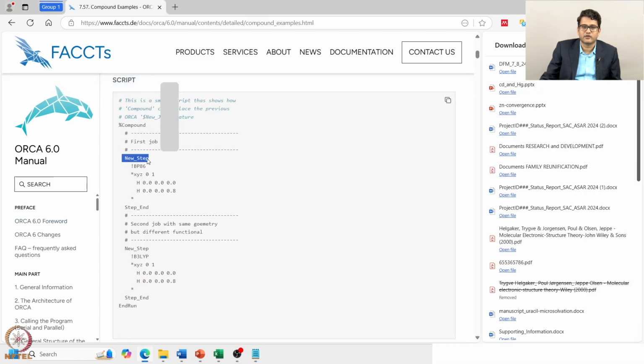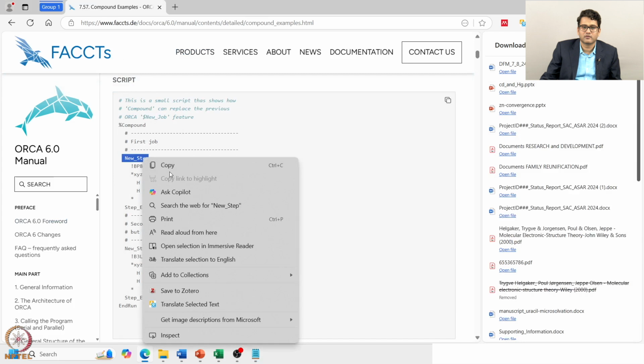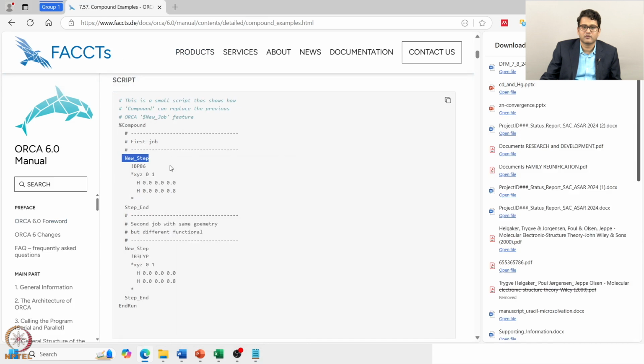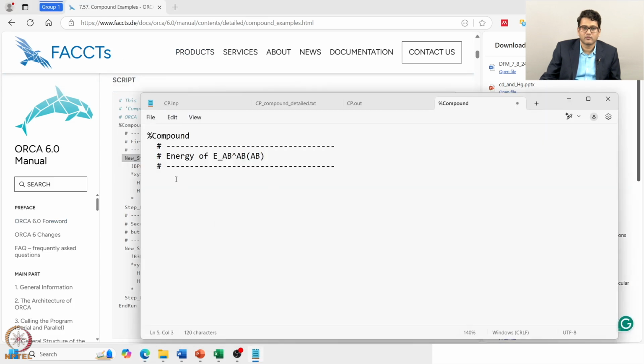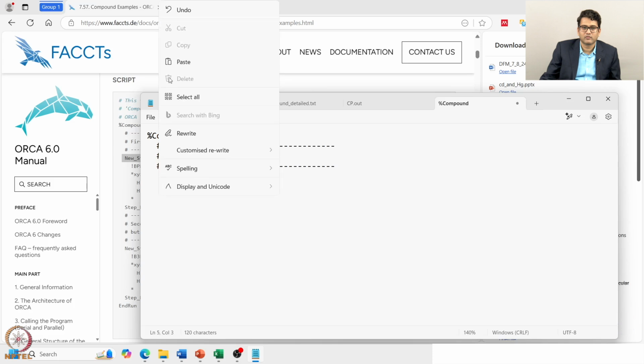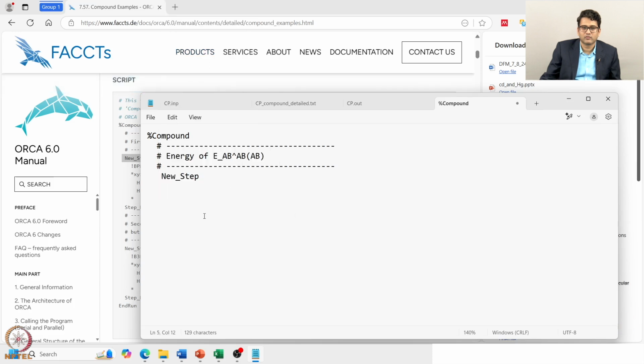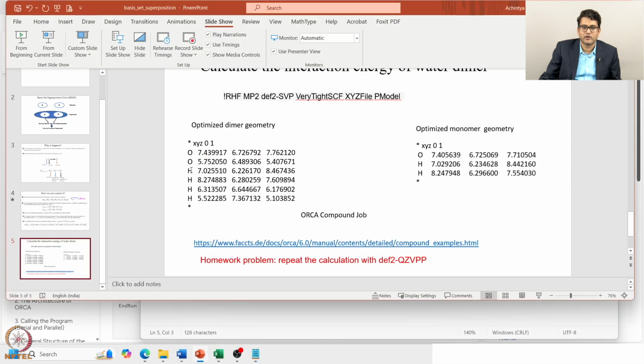Then the keyword is new_step. My geometry of the dimer is given here.